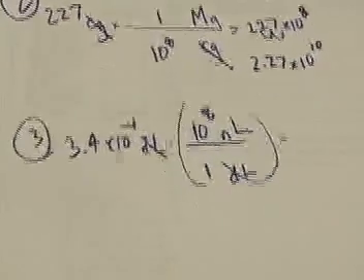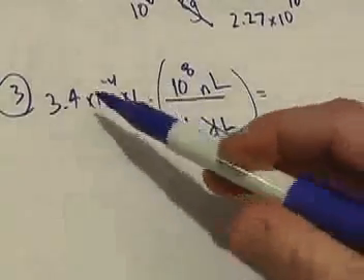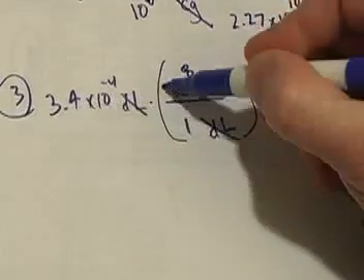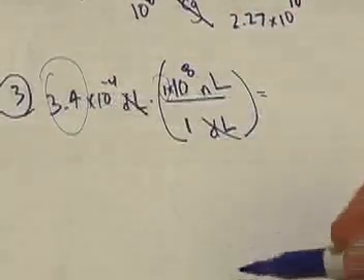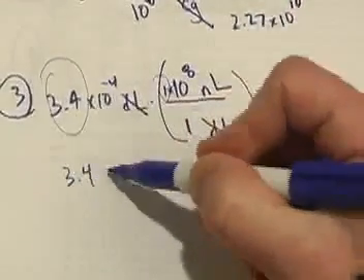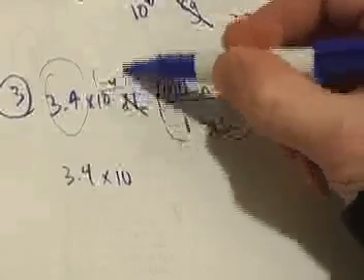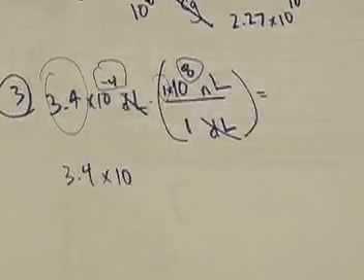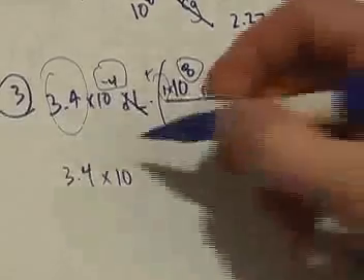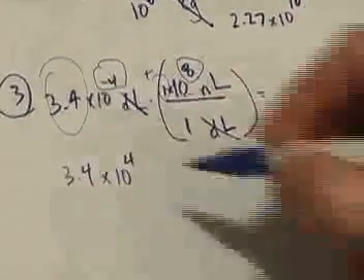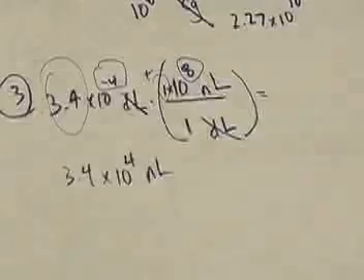And if you remember back to math class, when you're multiplying two numbers together, this is technically 1 times 10 to the 8th. Multiply the front numbers, 3.4 times 1, so you end up with 3.4 times 10, and then take the exponents and simply add them. So negative 4 plus 8 gives you 4. So 3.4 times 10 to the 4th, and then you put nL there for nanoliters.